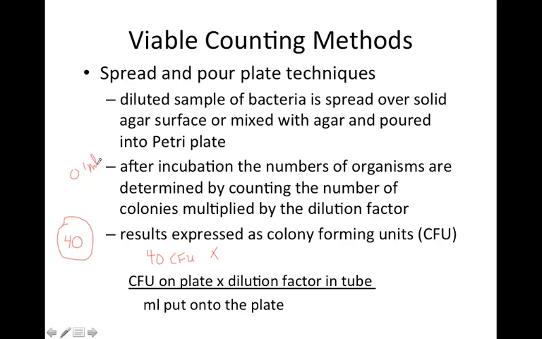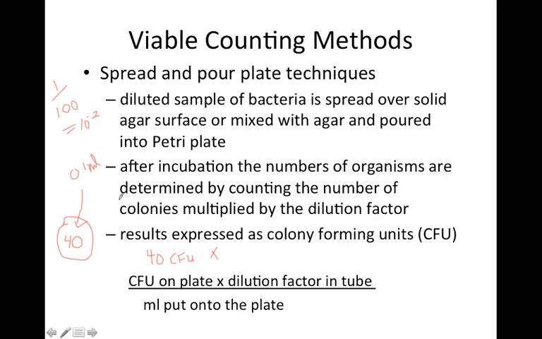and spread it out onto this plate, and I took it from a tube that was a 1 in 100 dilution, which is the same as 10 to the negative 2.